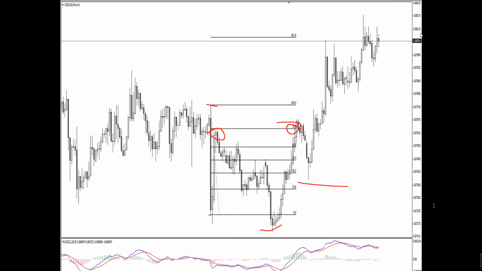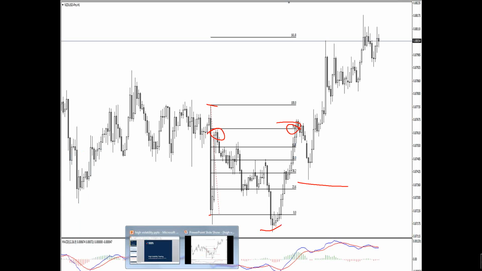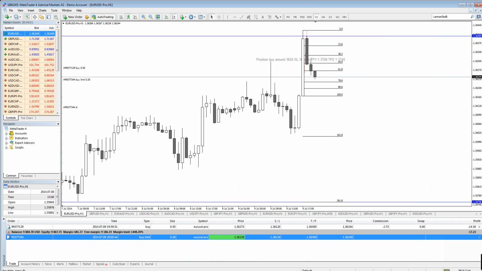Well, the important rule is, guys, please bear in mind, this is again an important thing. Do not take the trade before the news. Wait for this candlestick to appear at the news or just after the news, okay?